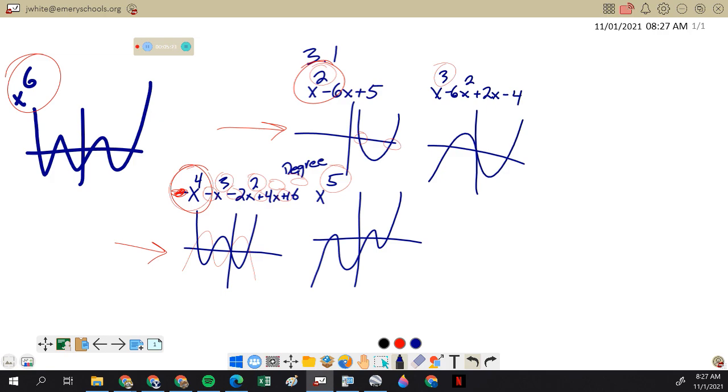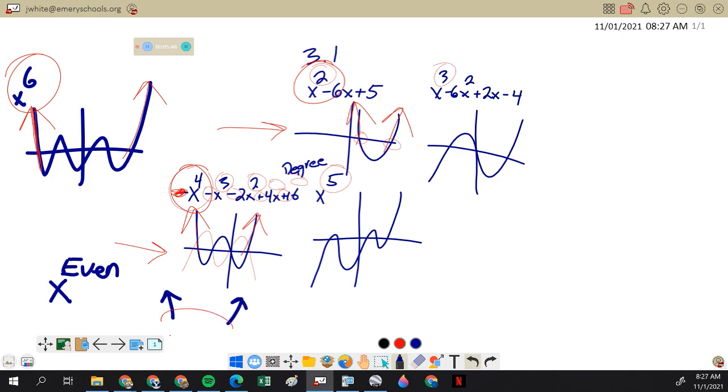So in each one of those, the left side goes up and the right side goes up. Left side up, right side up. Left side up, right side up. So if we have an x to an even, then you can guarantee that the graph looks like this.